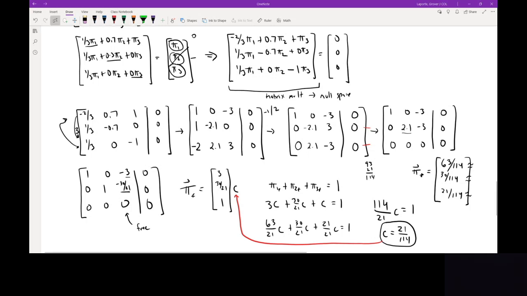I'm not going to bore you guys with this, but 63 divided by 114 is 0.5526. 30 divided by 114 is 0.2632, and then this one would be 0.1842, which is exactly our limiting probabilities that we were getting before.